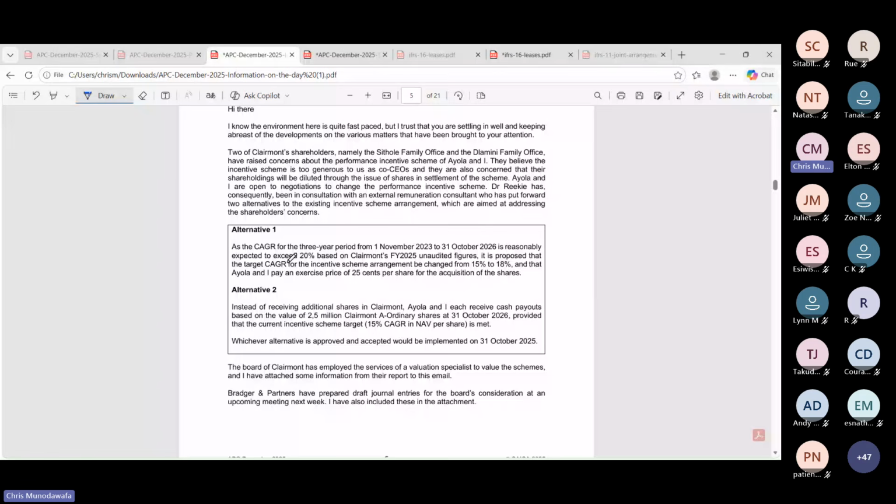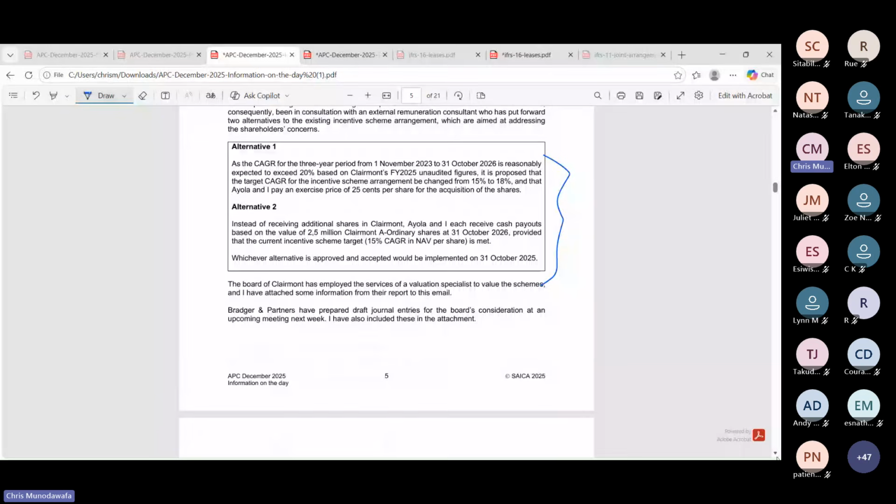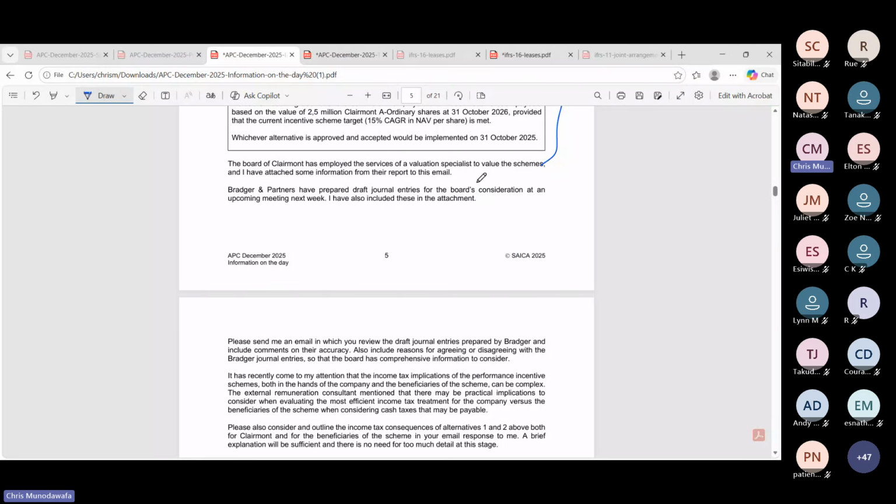The board of Claimant has employed the services of a valuer to value the schemes and has attached some information from their report to this email. Bridger has also prepared journal entries for board consideration at an upcoming meeting. I have also included this in the attachment.